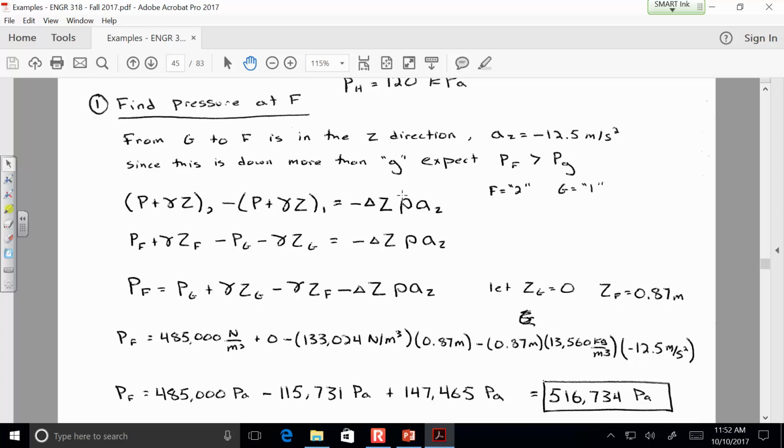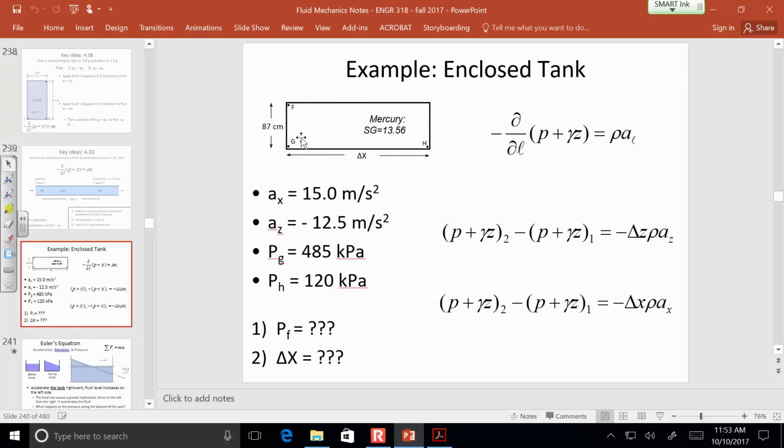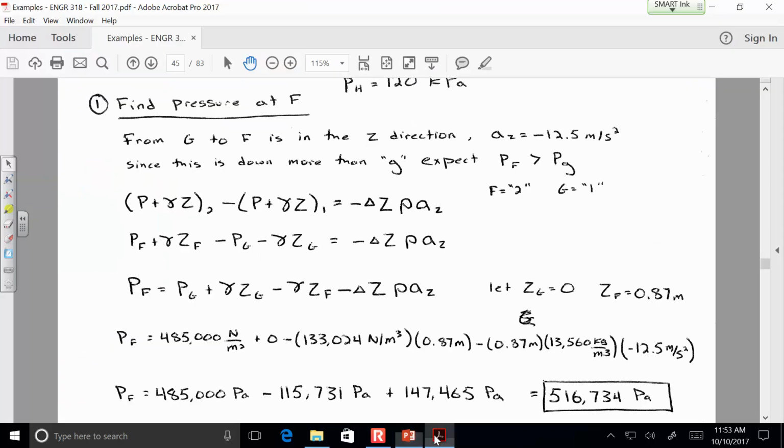And so there's our initial pressure of 485, and then a decrease in pressure of 115 kilopascals. And that pressure decrease is because we're going up through the fluid to get to location F. Remember, if we go back to this figure here, location F is above location G. And so ordinarily, the pressure is lower as you go up through the fluid.